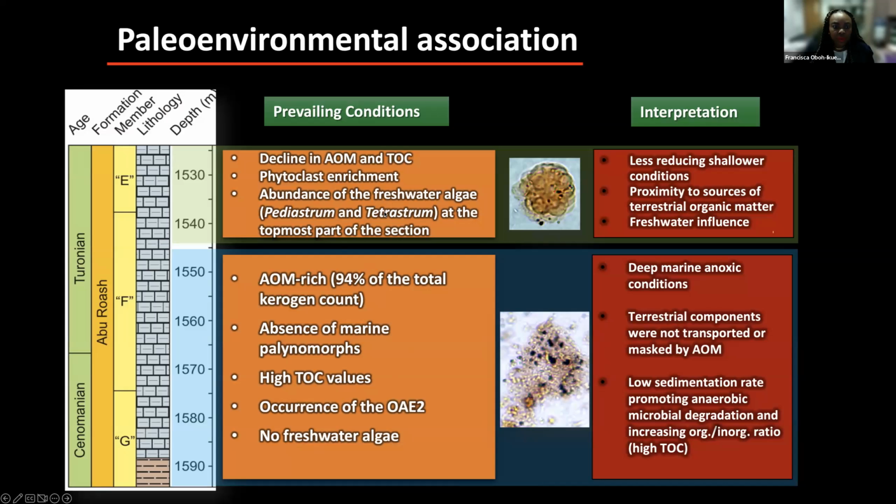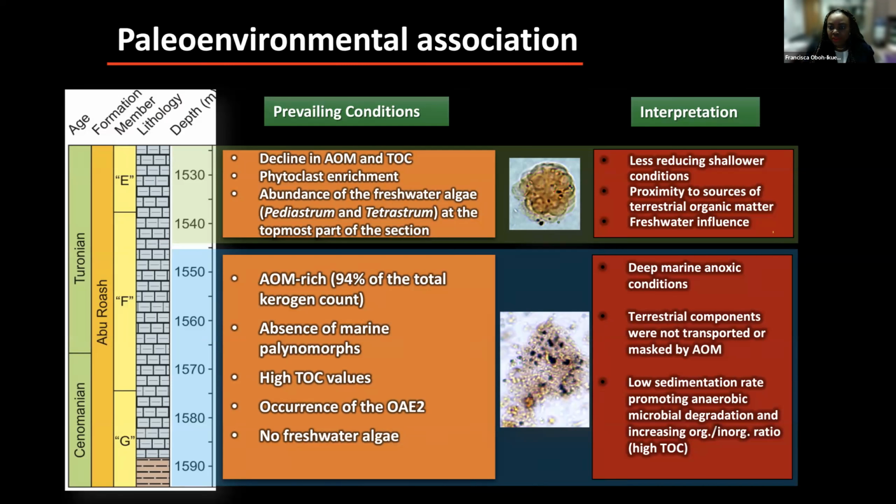But where the phytoclasts were very dominant, we had a lot of freshwater algae and a little bit more terrestrial palynomorphs, and the amorphous organic matter and total organic carbon components were much more reduced.